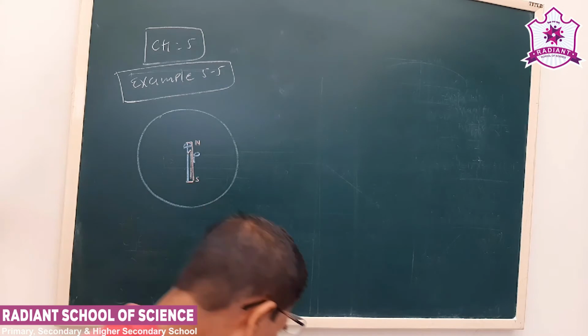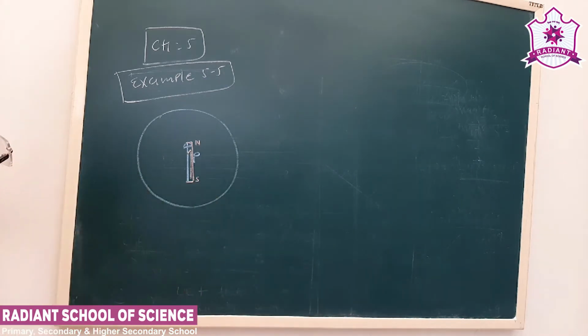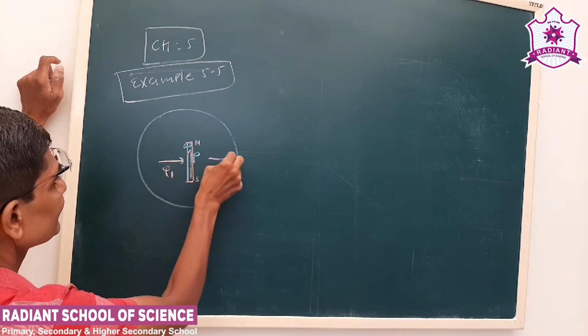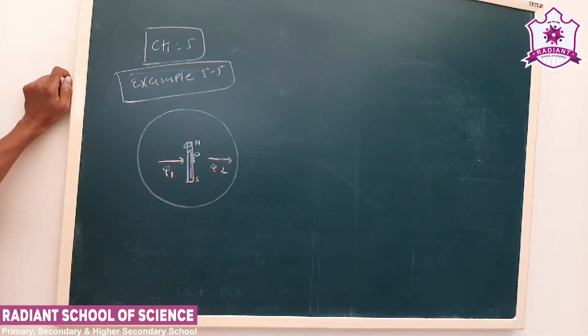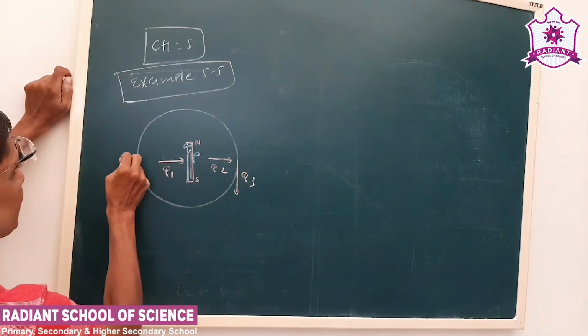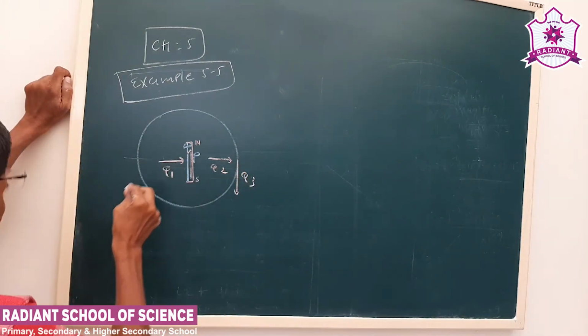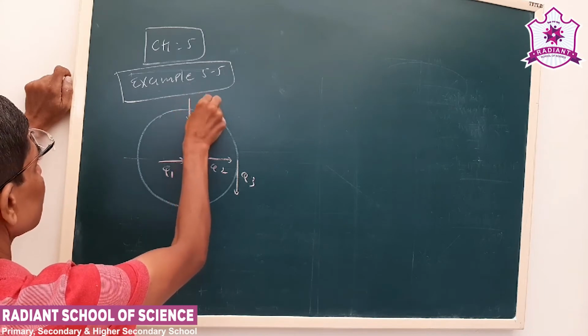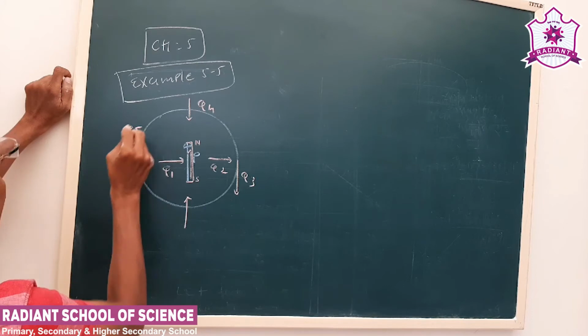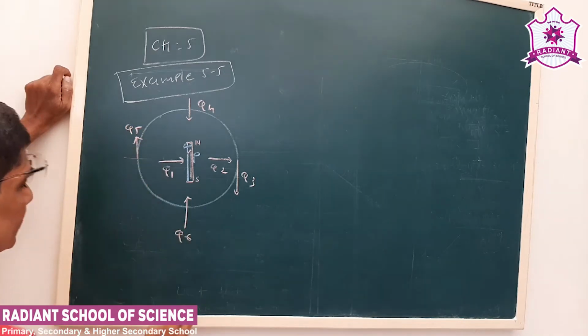There are small magnetic needles placed at different positions, let us say here Q1, Q2, then Q3, Q4, Q5 and Q6.